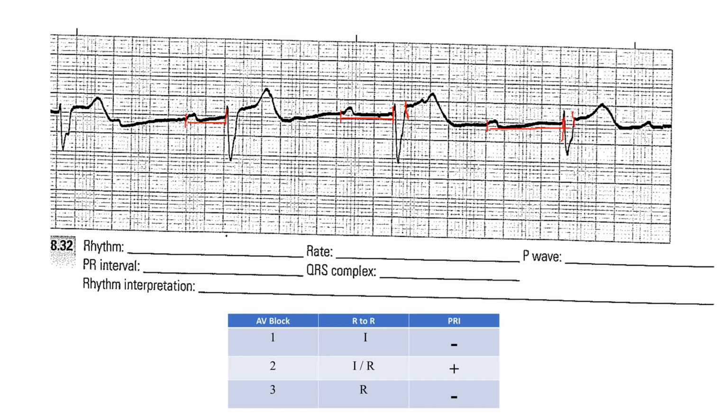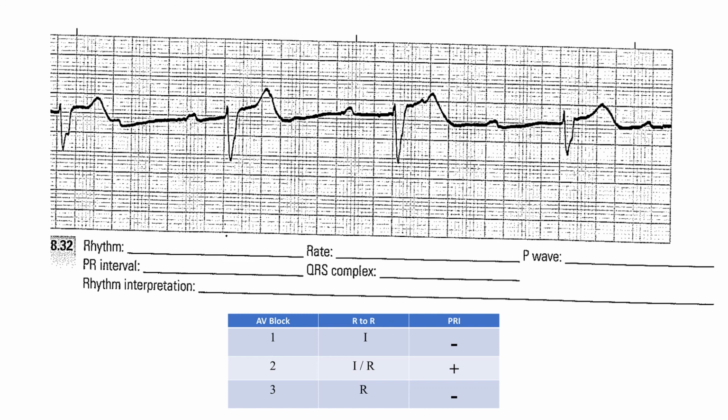So we're going to determine your QT, if you can figure out what comes down, it's pretty long. It looks like almost 14 boxes, and multiply that by 0.04. So let's determine what this rhythm is. Let's go to our cheat sheet down at the bottom. So the rhythm is regular.